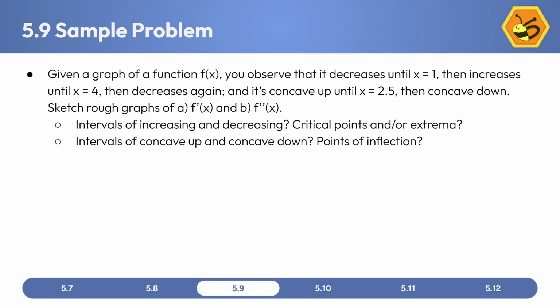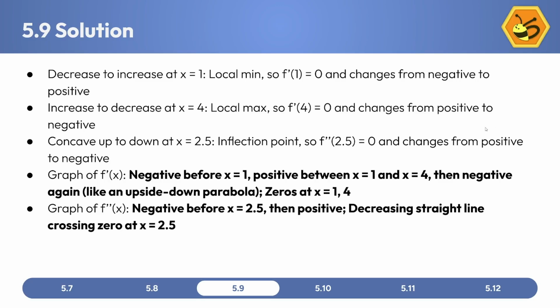Okay, hopefully you all were able to make some progress. Here are some things to pay attention to. For example, if it's decreasing to increasing, we know that's a local min. If we have a change in concavity, we know that's a point of inflection.